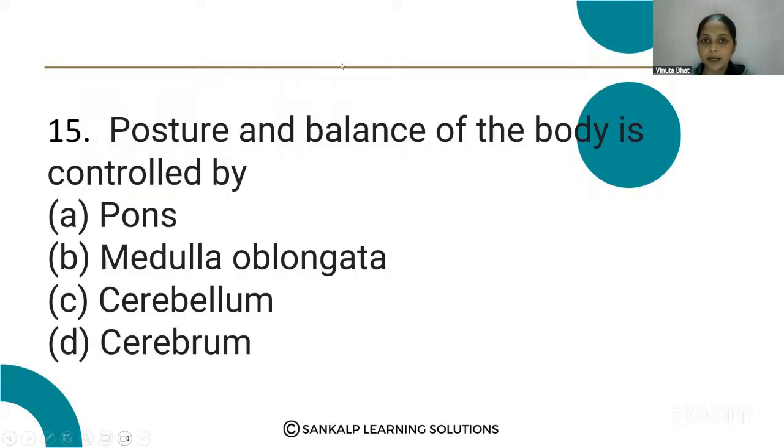It is the part of the hindbrain that controls the balance of the body, and medulla oblongata controls the involuntary actions. Cerebrum is mainly for the voluntary actions. Option C is the correct answer.